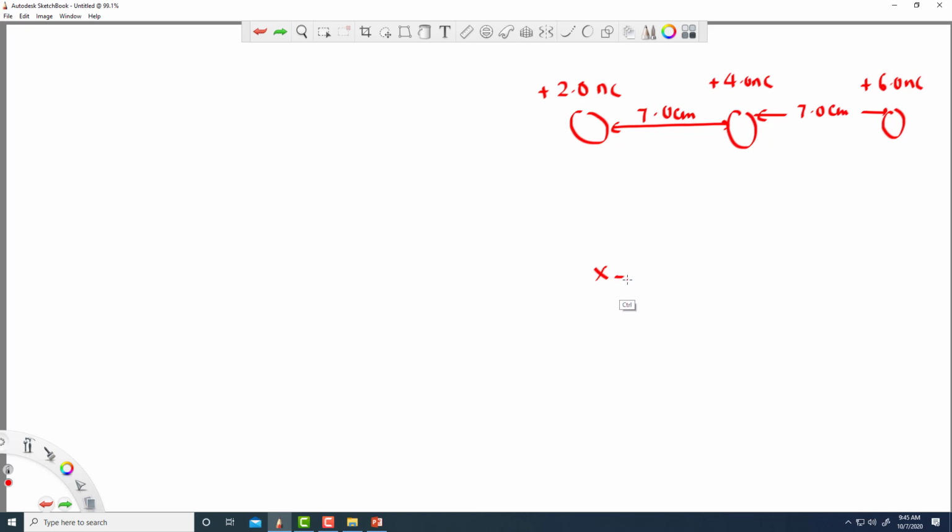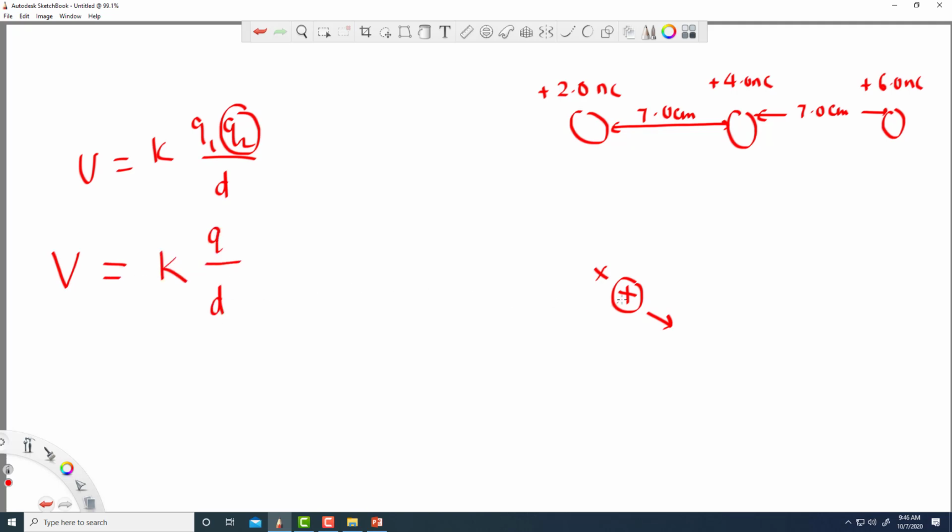If you find potential energy, then you need to put the charge here, because potential energy depends on the amount of charge, since potential energy is k q1 q2 over d. But if you are finding just the potential, it's the energy due to a unit charge, 1 coulomb. It's obvious, so we don't need to show the charge.